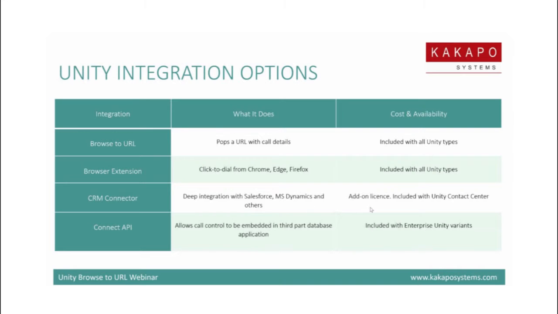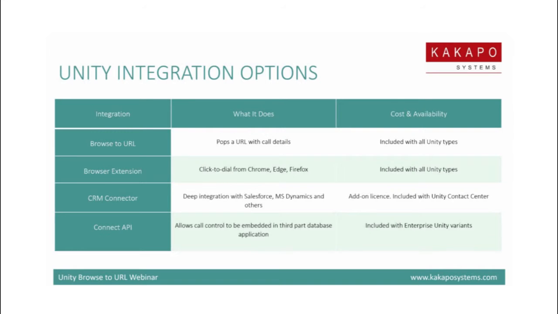That CRM connector is an add-on license. So it's an add-on for any other Unity product, unless you're using our contact center solution, where it's actually included as part of that product, and it journals web chats into the CRM and stuff like that. So if the customer has got Salesforce Professional or Salesforce Enterprise, the Unity CRM connector is the product you need.